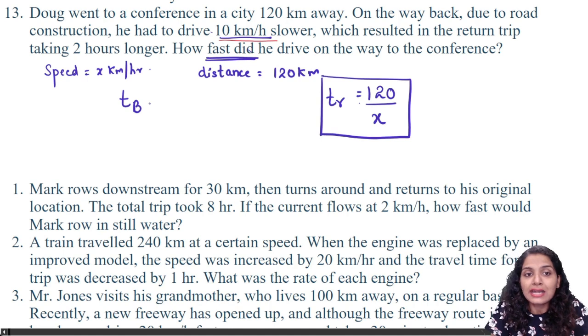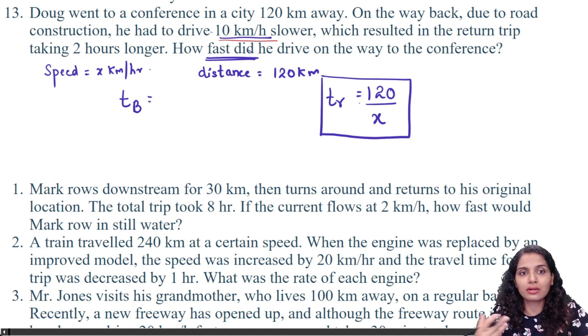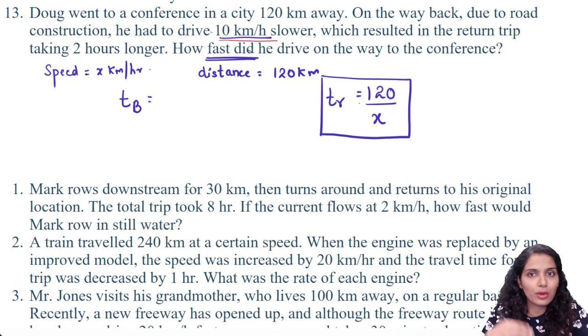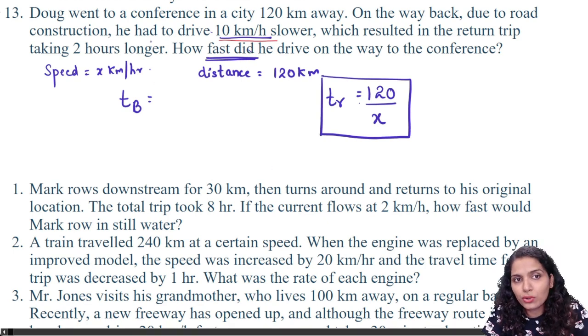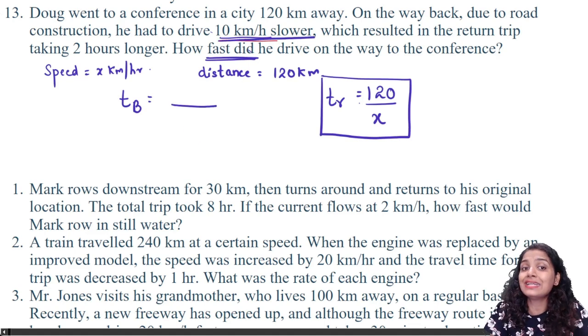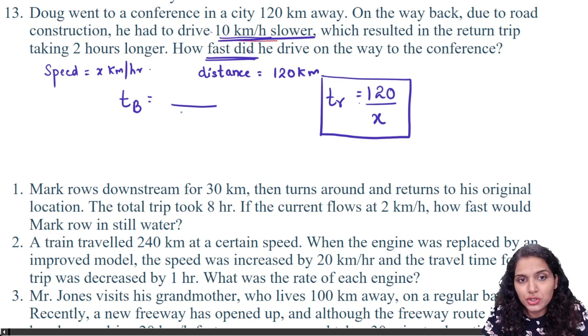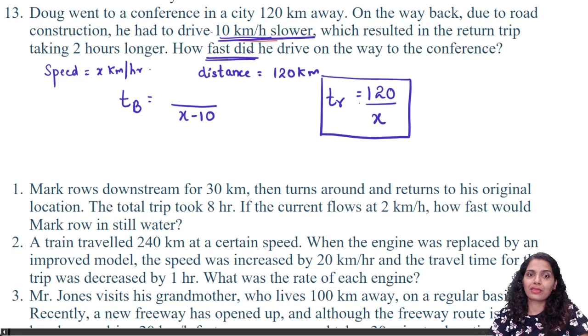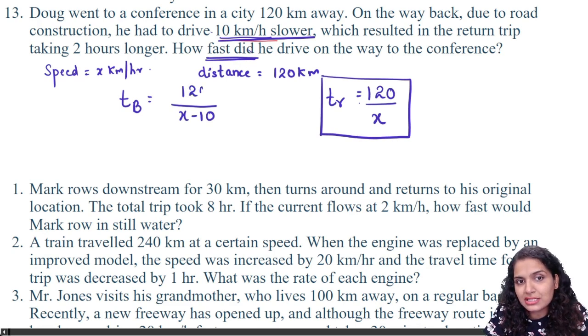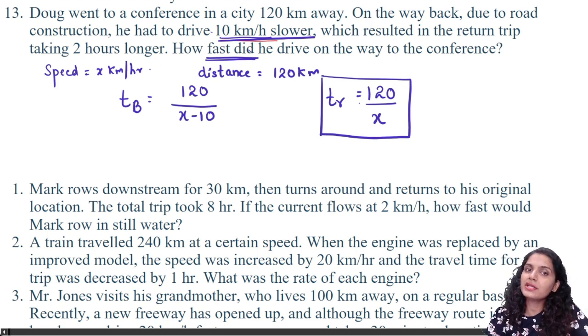Now what about the time required for returning, on the way back? Due to the road construction, he had to drive slower, by 10 kilometers per hour. So this time the speed will be x minus 10. But will there be any change in the distance? No. The distance will remain the same.